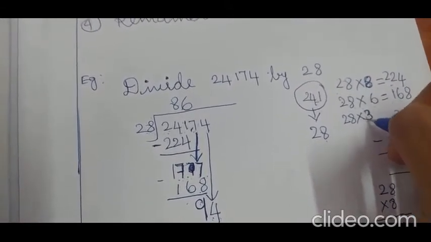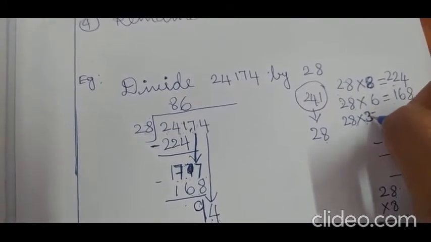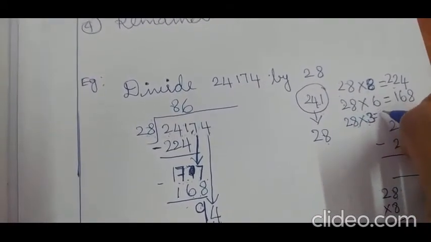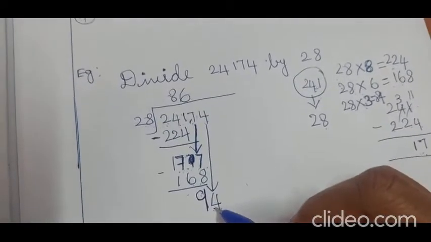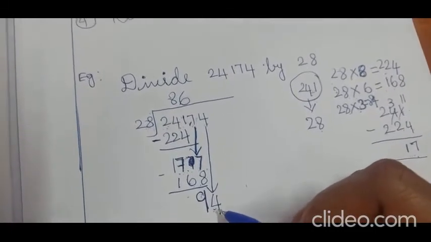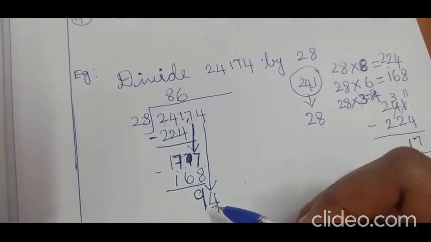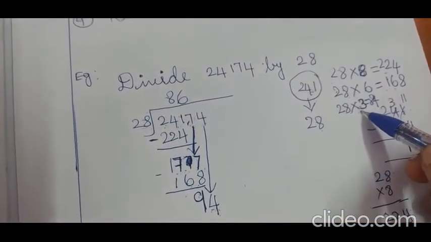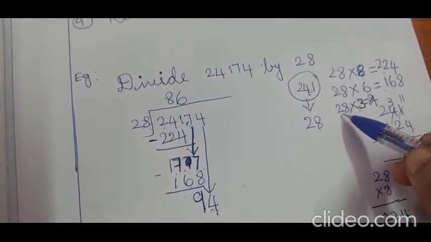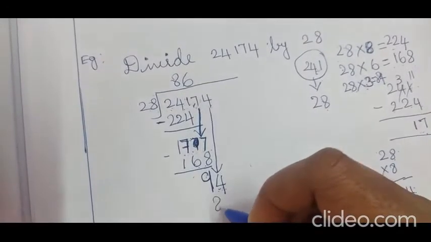If you don't know, we can multiply and check. 28 into 3 equals how much? It will come 84. We will not get exactly 94. If I count 28 into 4, it will go more than 94. So we will count only till third. 28 into 3, 84. Right?